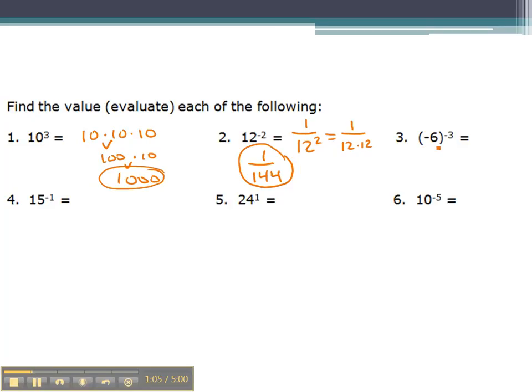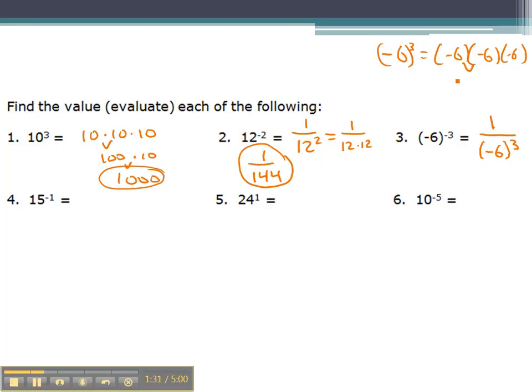Number 3, negative 6 to the negative third power. Same thing we did on the last one. We rewrite it as 1 over our base number. It just happens to be a negative number, but we just treat it the same. 1 over the base number to the positive third power. And then over here on the bottom, I'm going to figure out what negative 6 to the third power equals. We know it's negative 6 times itself 3 times.